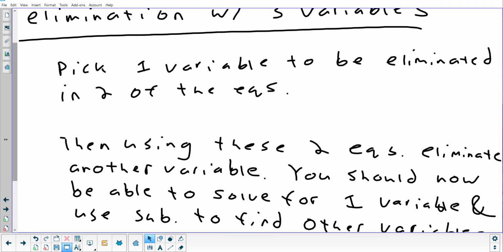Then after you do that, your problem that originally started with 3 equations and 3 variables will be down to 2 equations and 2 variables. Now you can solve that just like we've been doing. Solve for one of the variables in those 2. So you're going to do elimination again.